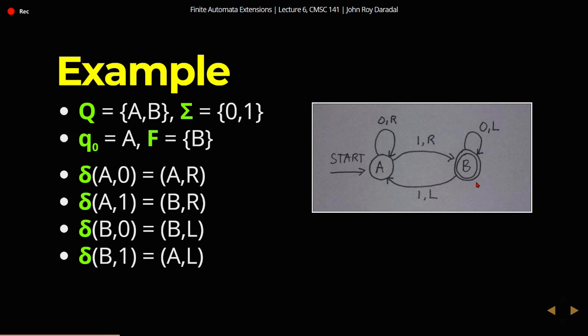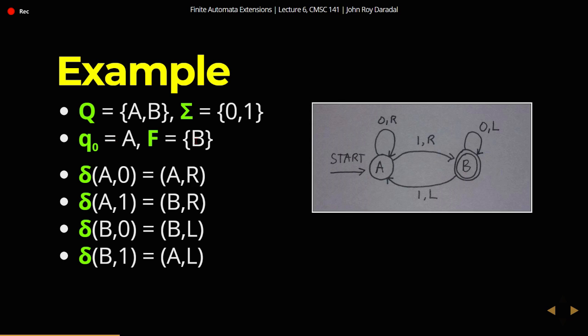So let's see an example of a 2DFA. This looks like a normal DFA except for a few things here. On the transitions, instead of just the input symbol, we also have the direction. Our set of states Q only has two states, A and B. For our input symbols, sigma, we have 0 and 1, since those are the transitions.